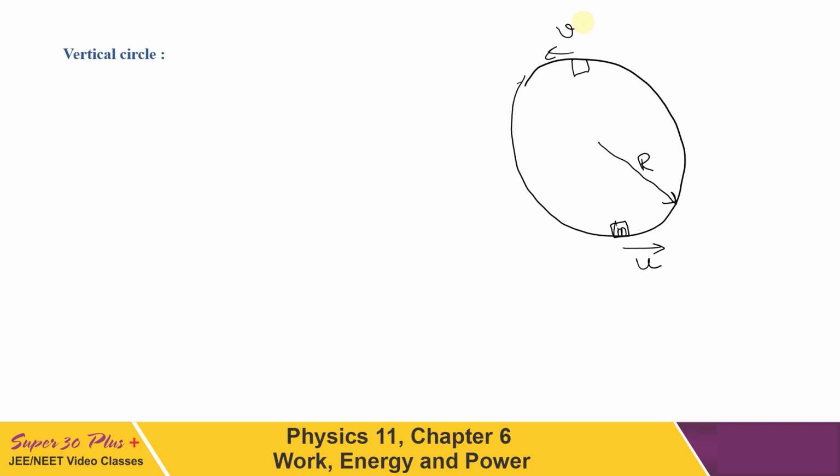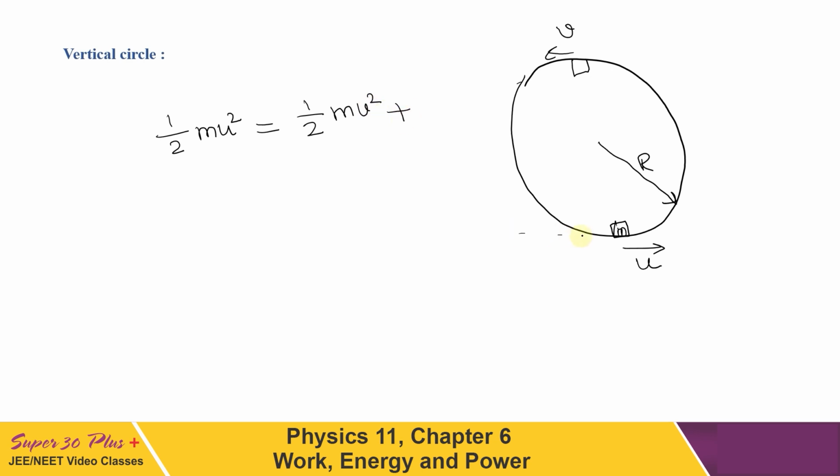See, we have to first write energy conservation between the lowermost position and the topmost position. So what will be the equation? Half mu square should be equal to, at the topmost point, the kinetic energy, half mv square, plus the potential energy it has gained.